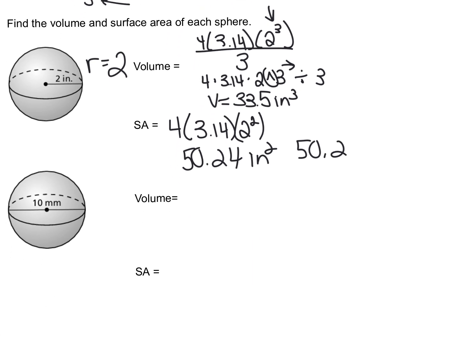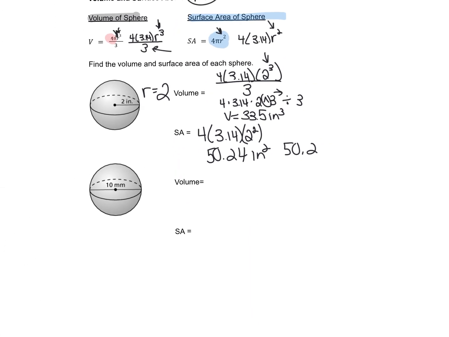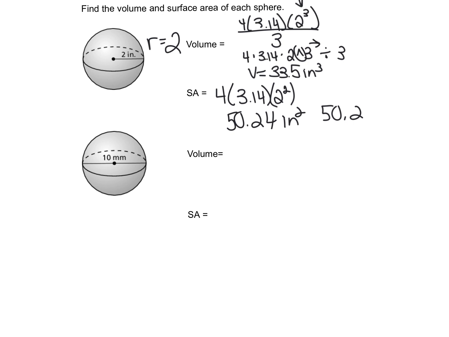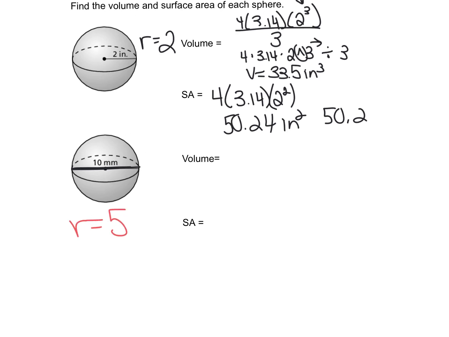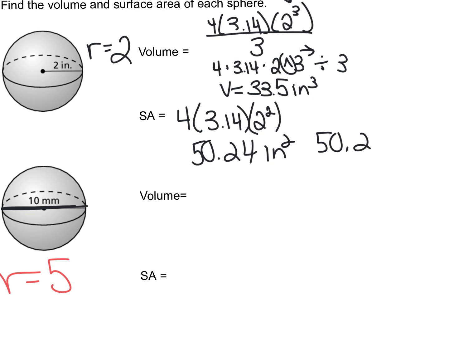Okay. All right, then the only difference here between this one and this first one is this gives us a diameter, which means we need to remember that the formula calls for a radius, and the radius is just half the diameter. So when we go to use our formula, we are going to have 4, because that's part of the formula, times 3.14, times our radius cubed, which is 5 cubed, divided by 3.